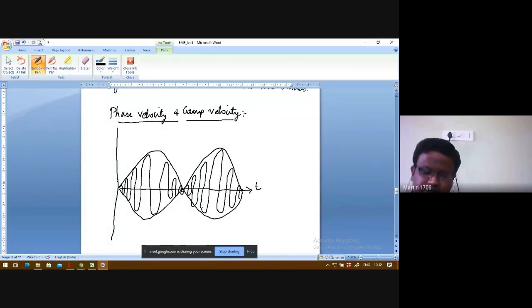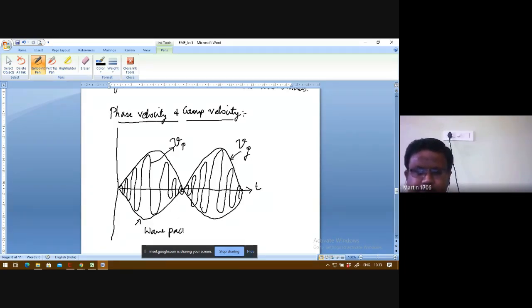The inside term is Vp, the phase velocity, and the outer one is Vg, the group velocity. So this cluster is nothing but the wave packets.